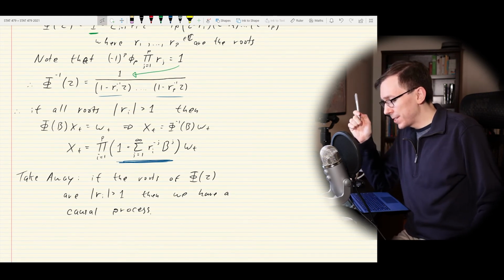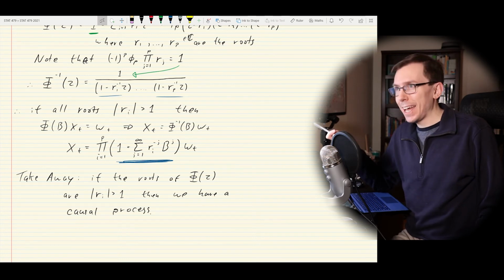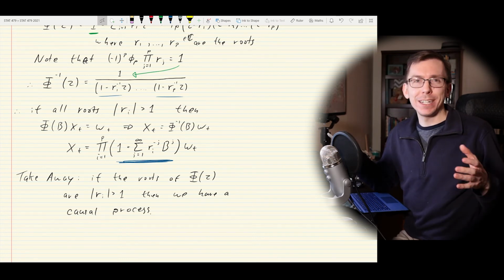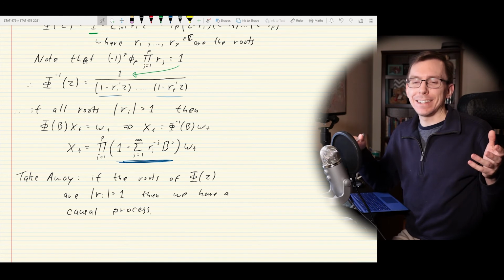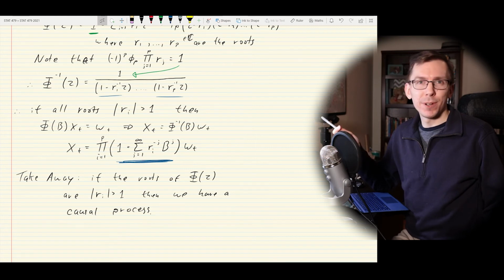And this is going to be important because ultimately when we look at tests, we talked a little bit about testing for stationarity with things like the Dickey-Fuller test, which we'll do in more detail later.